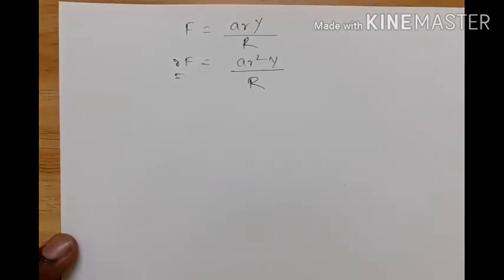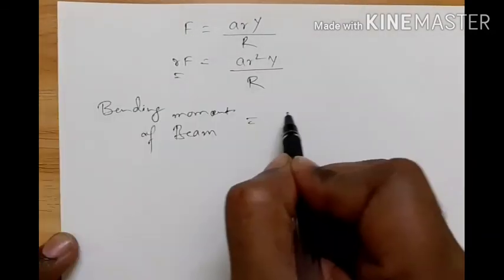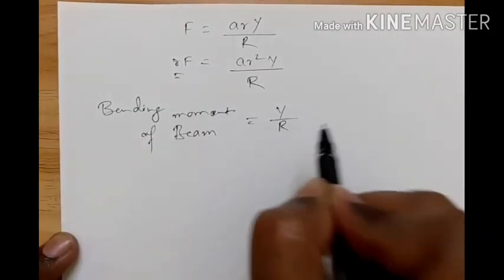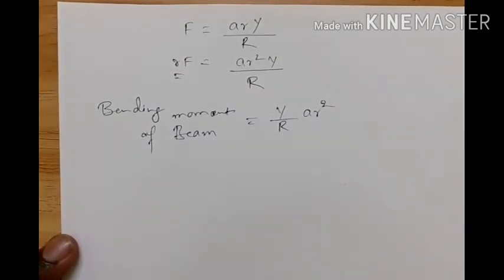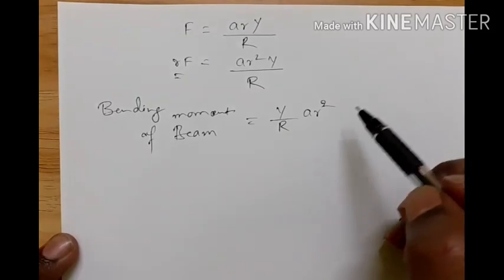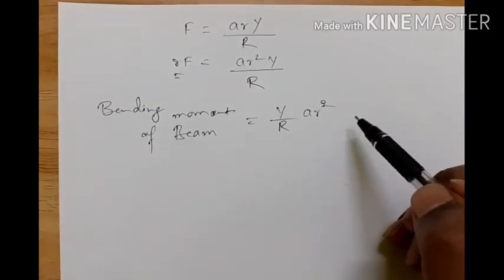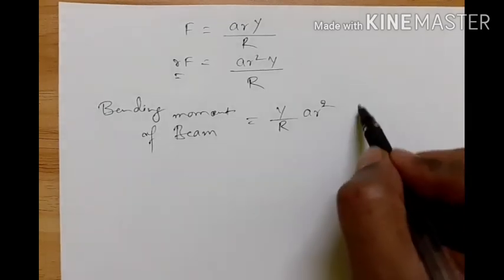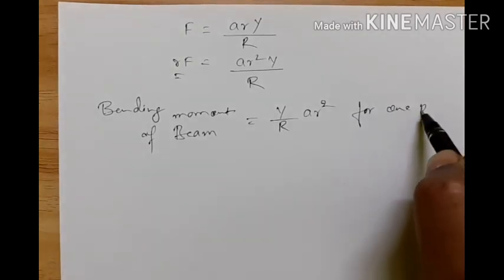Okay, so what we found now is the bending moment, Y by R into A r square. This is for only one line we have taken, only for AB. Okay, this is for one plane.